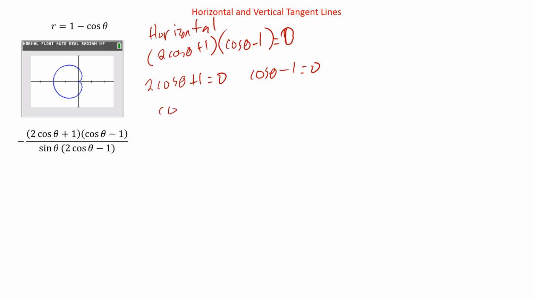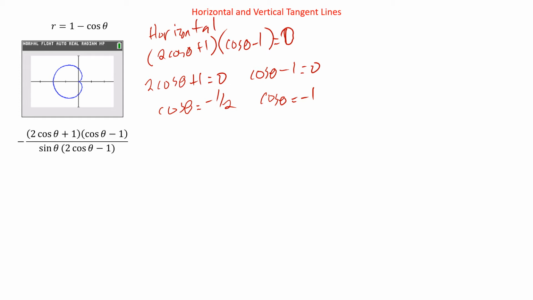Here, cosine of theta would equal negative 1/2. Here, cosine of theta would equal negative 1. So what values, and this cardioid is made from 0 to 2 pi, so we don't have to keep going around and around. Just 0 to 2 pi.